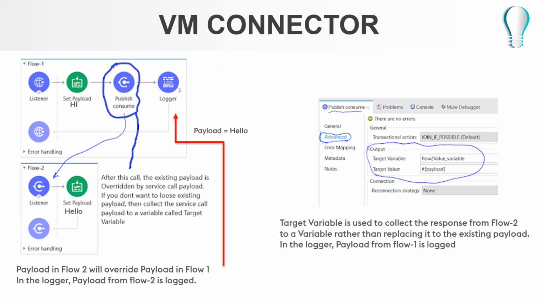So rather than replacing the payload, you are putting hello in the flow variable and your existing payload remains as is. So in this case, what you're sending back to your main flow is flow to value variable hello. So in the logger, if you want to access your original payload, you can access it using payload. And if you want to access the payload from your child flow, you can access it using the variable name.